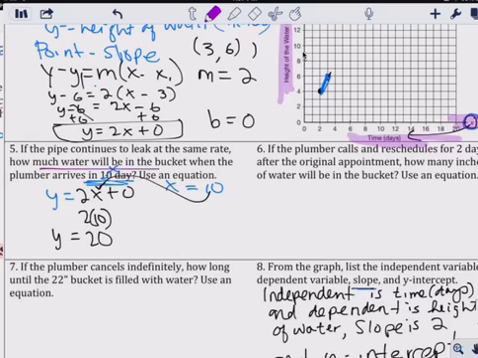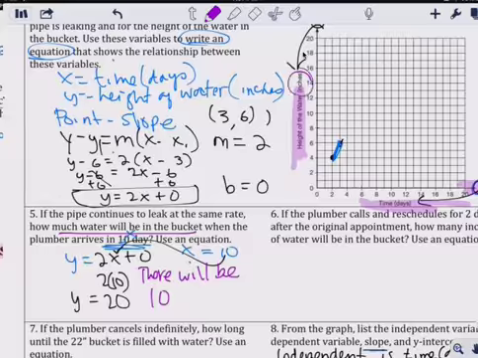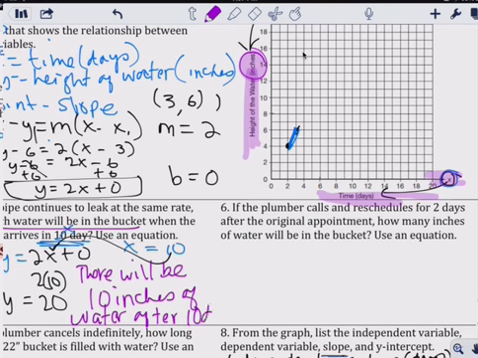Okay, there will be 10 inches, because right here, look, it says inches, 10 inches of water after 10 days. Oh, I mean 20 inches of water. 20 after 10 days.